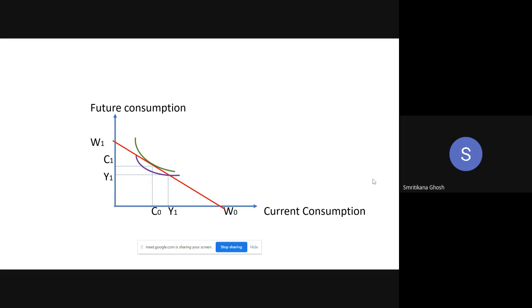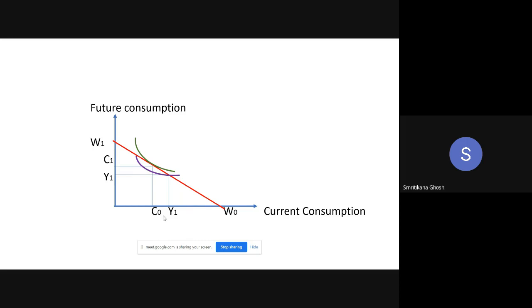Okay, look, say you are the consumer and your preference pattern is like that. Your indifference curve is this purple one, because the position and slope of the indifference curve are different for different individuals.